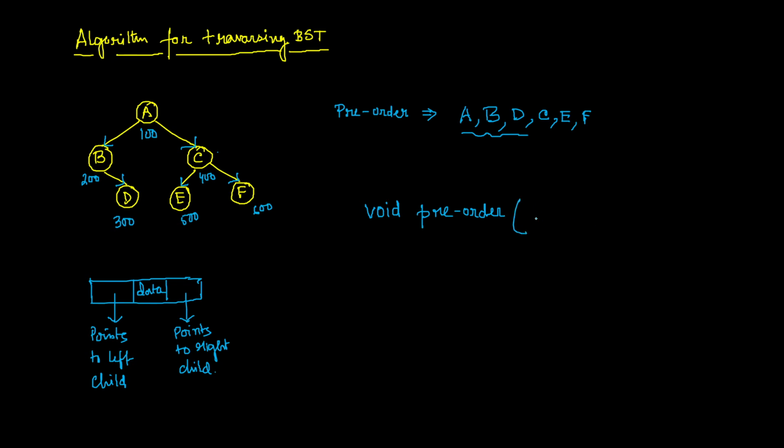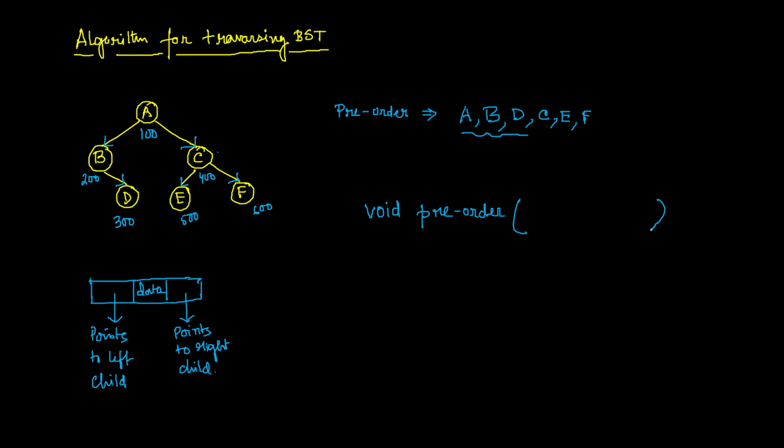and here what I require, when the pre-order function will be called the first time from the main for traversing a particular BST started with the node A having address 100, I have to pass this address, right? As we have seen in case of traversing a normal linked list, we pass the address of the first node, that is head.